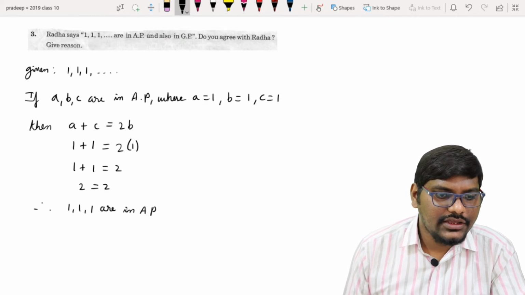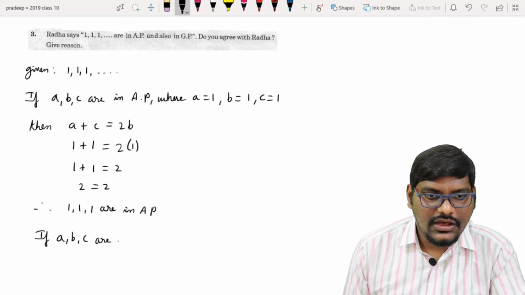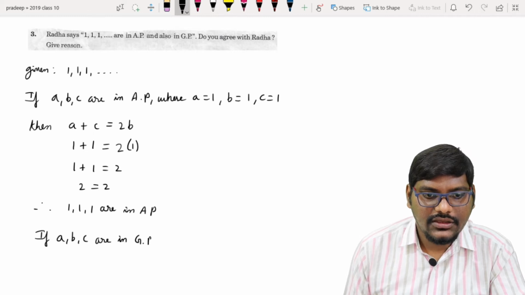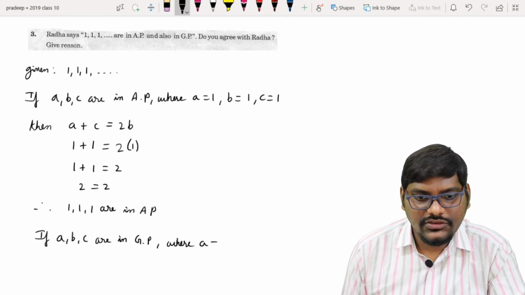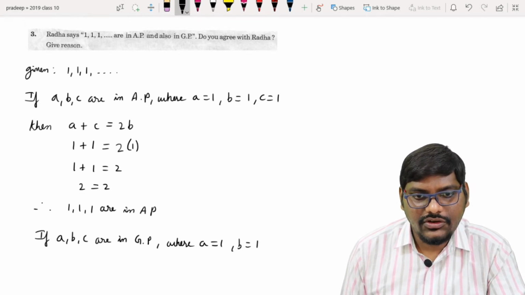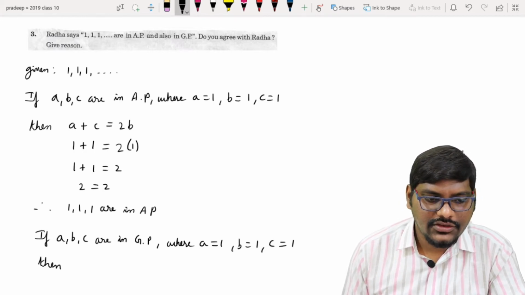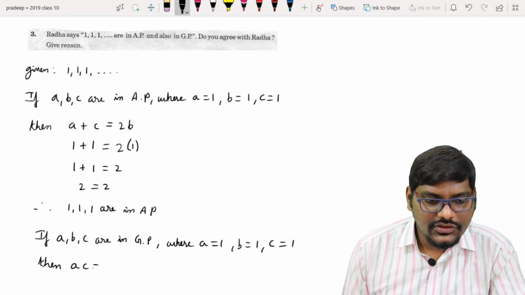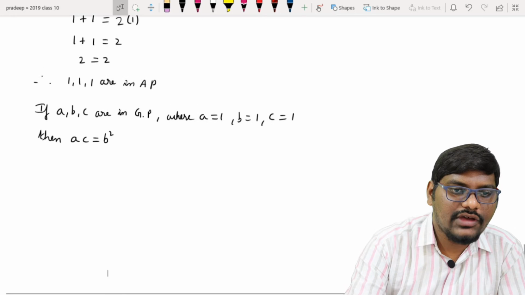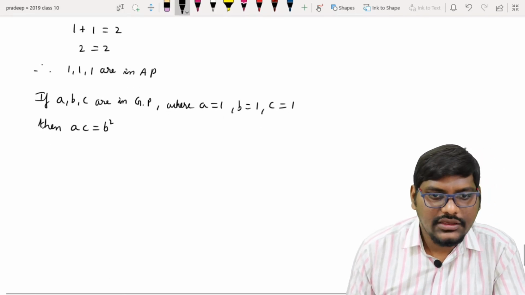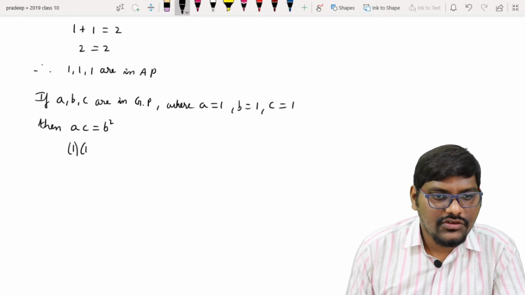So we'll write if A, B, C are in GP. Then where we'll write A is equal to 1, B is equal to 1, C is equal to 1. So then we can write this as AC is equal to B square. What are the values of A, C and B? A is 1, C is 1 again.